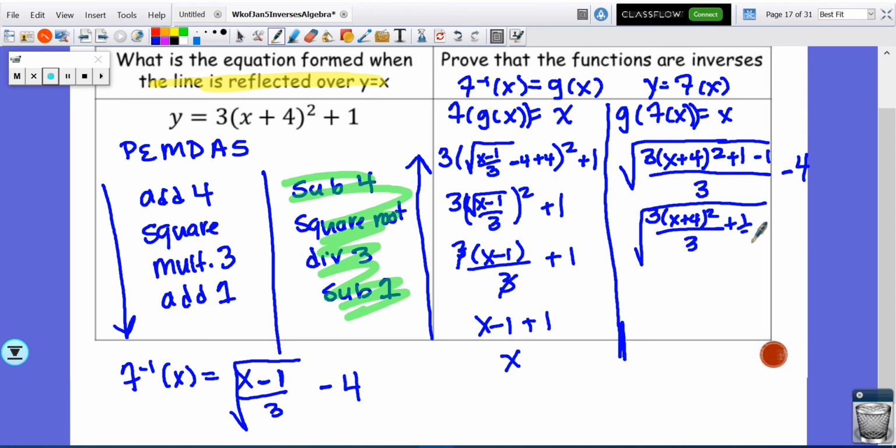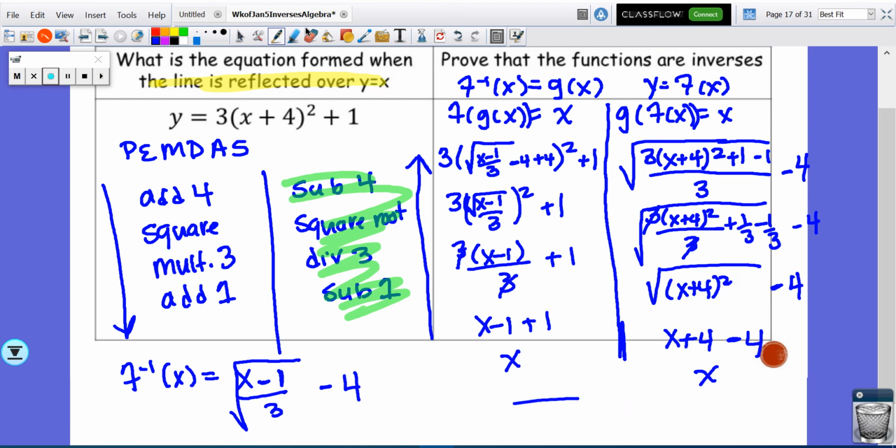Plus 1 over 3 minus 1 over 3 minus 4. So I divided each part by 3. So the 3 on the top and on the bottom reduces to 1. And plus 1/3 minus 1/3 is 0. And then we get minus 4 on the outside. When you see the square root and the square, they're inverse operations, so they reduce each other down to 1. So we get this that's left, and the answer is equal to x.